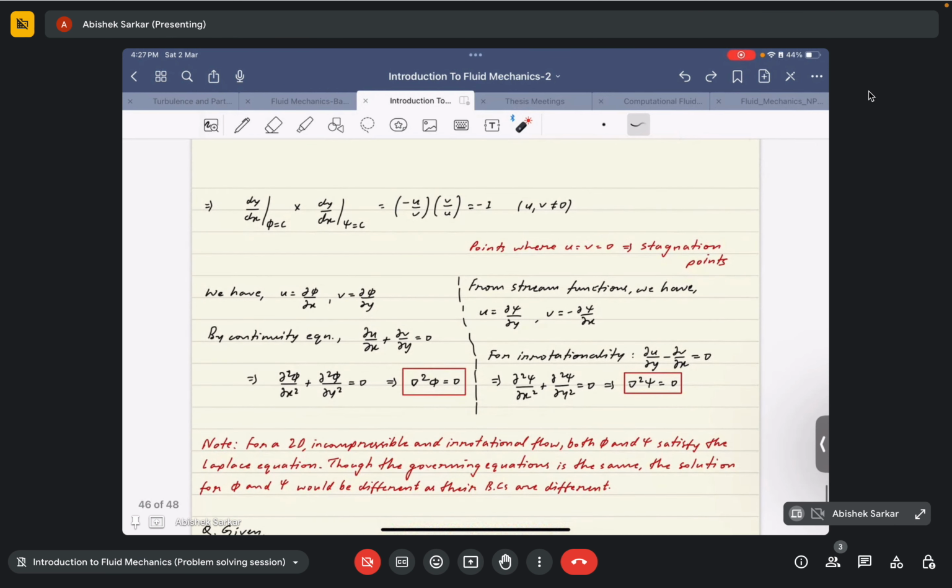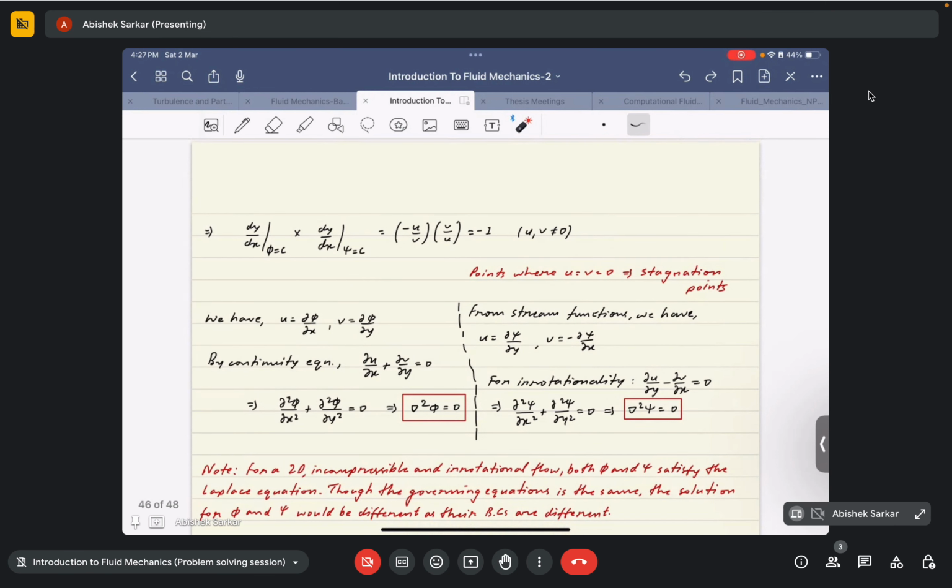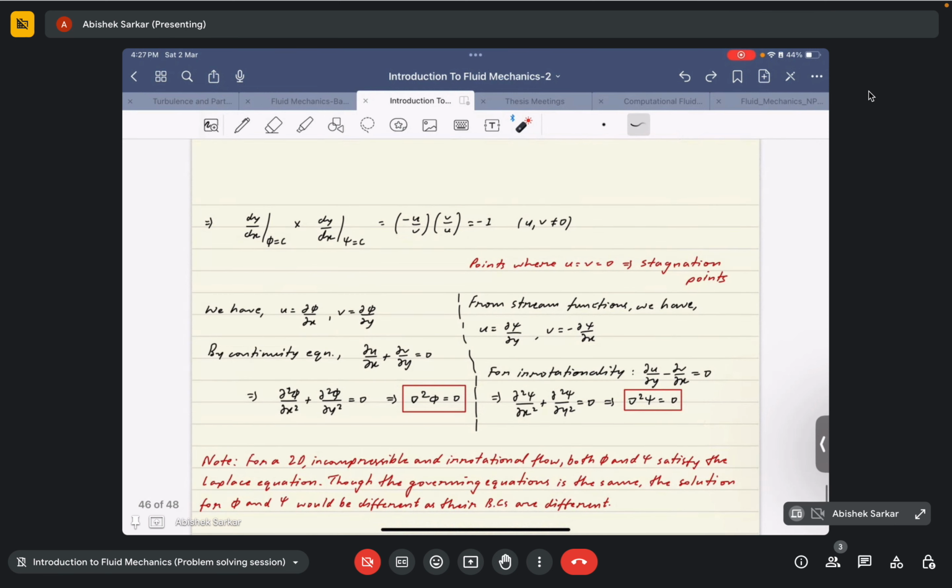Okay, so again, one more important conclusion or special case for both the stream function and the velocity potential is given by these expressions. We have that u is equal to ∂φ/∂x and v equal to ∂φ/∂y. For the continuity equation we have that ∂u/∂x plus ∂v/∂y is equal to 0, and it basically implies that the flow is incompressible.